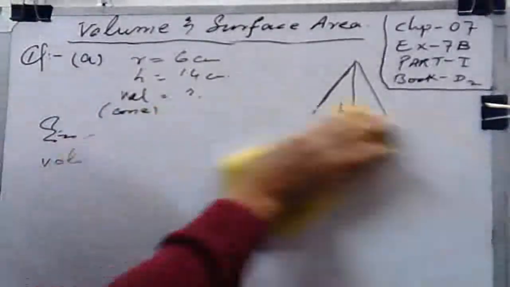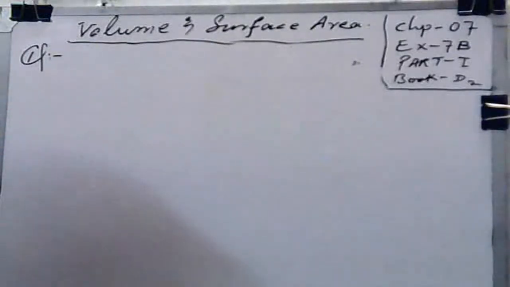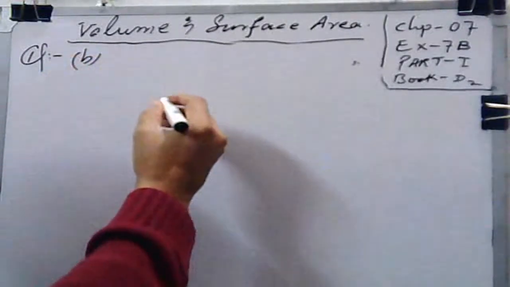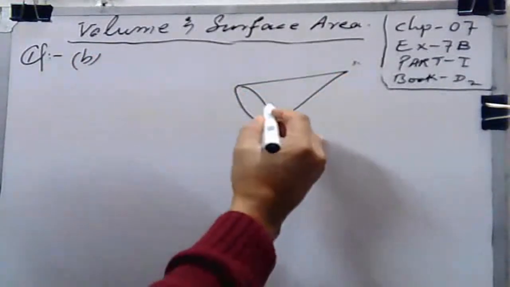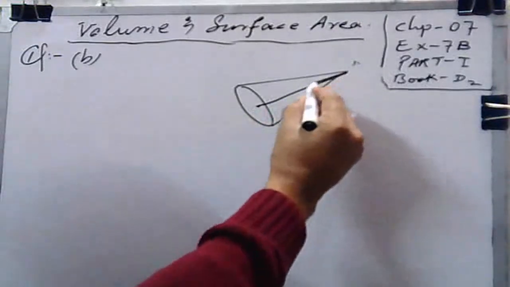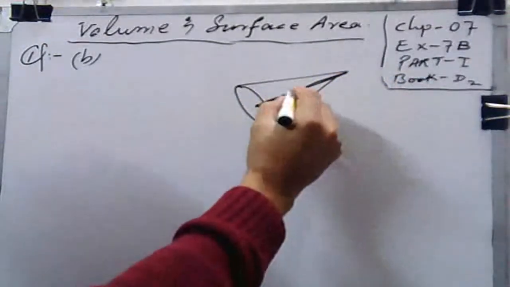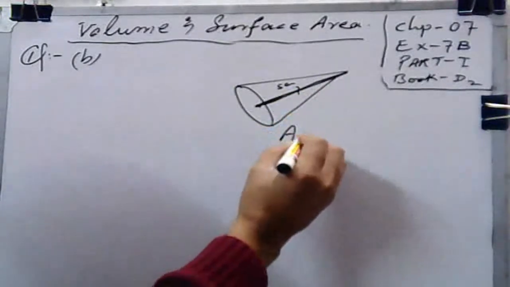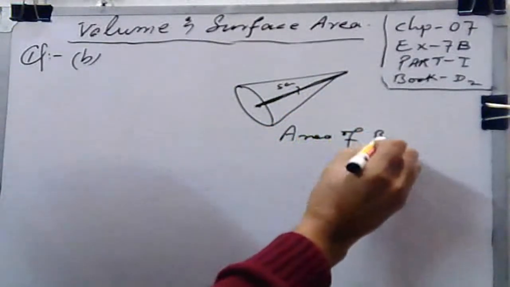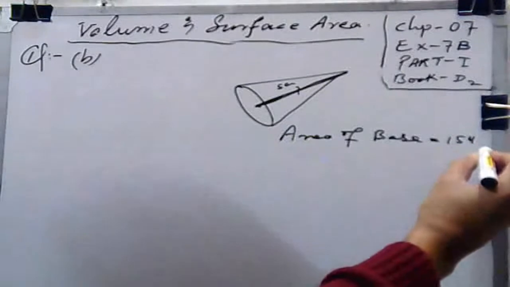Now coming to the B part. In B part, once again another diagram is given to you. You can see like this, that is your given cone, that is your 5 centimeter, and area of base is equal to 154 centimeter square.